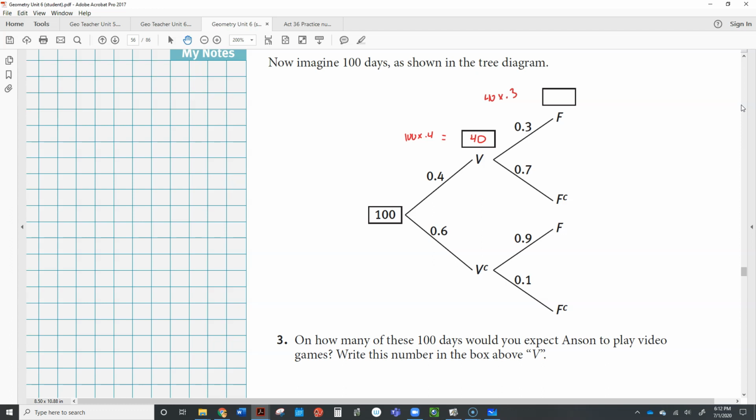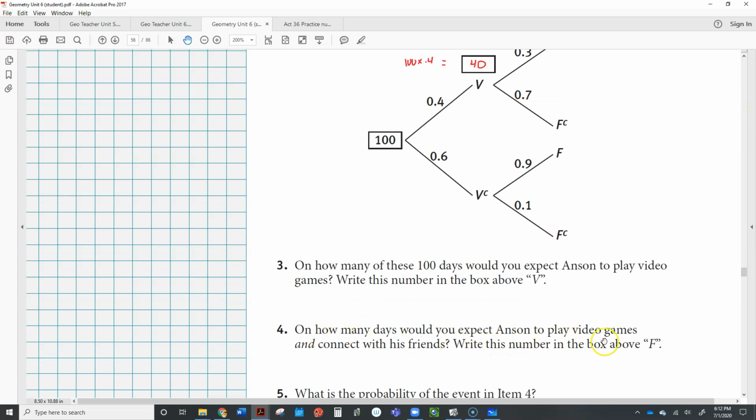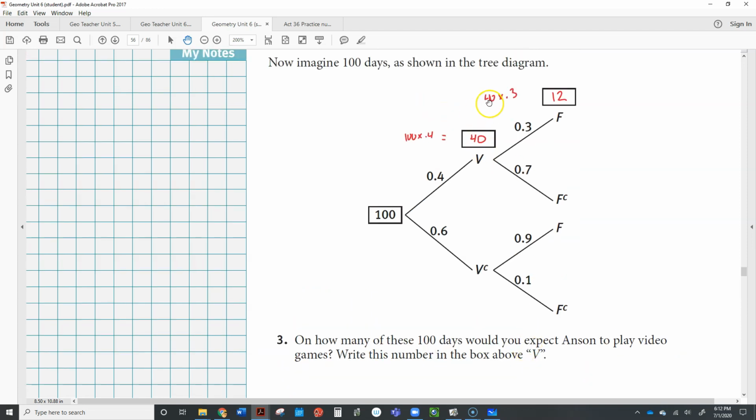So 40 times 0.3 will give you 12 days. And it says write this number in the box above F. So we said 40 days times the probability that he's going to connect with friends, which is 0.3. 40 times 0.3 will calculate 12 days that he's going to end up with friends.